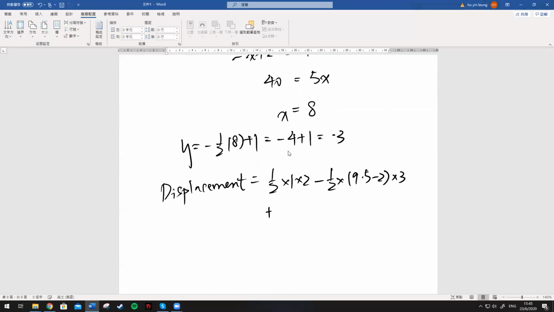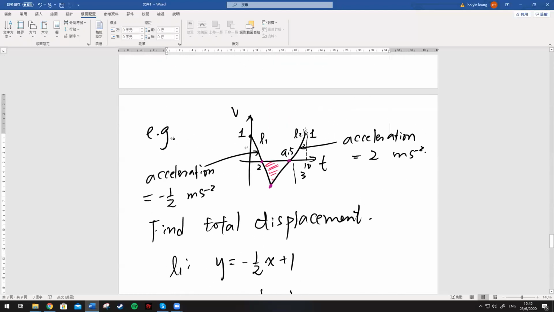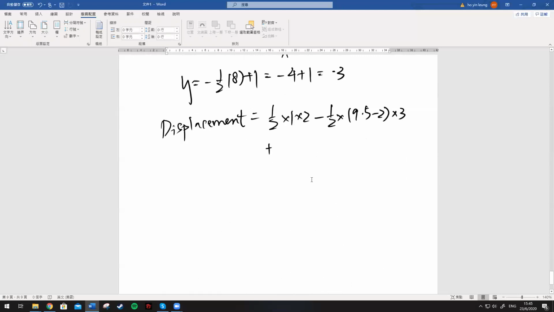And then finally add the triangle right here, which is a half times 1 times 0.5. We can use the calculator to find this: 1 minus 0.5 times 7.5 times 3 plus 1/4, so negative 10 meters.